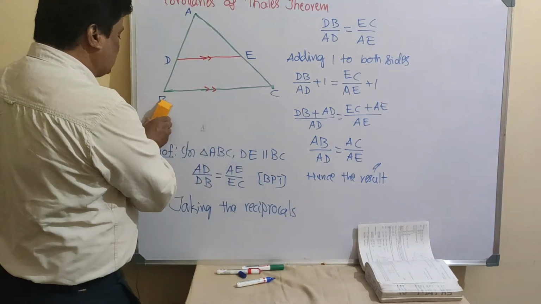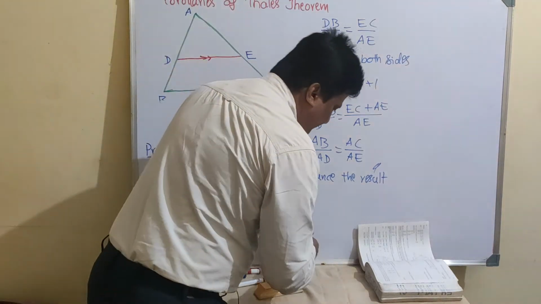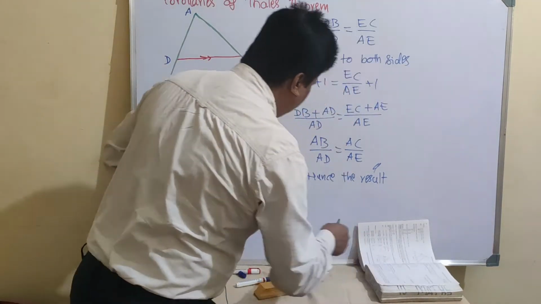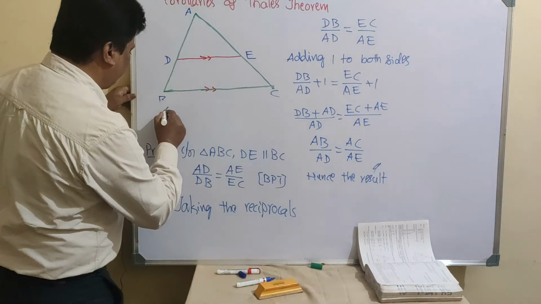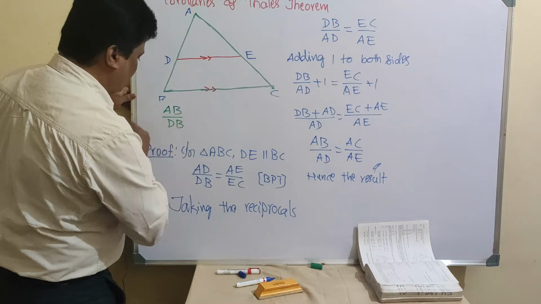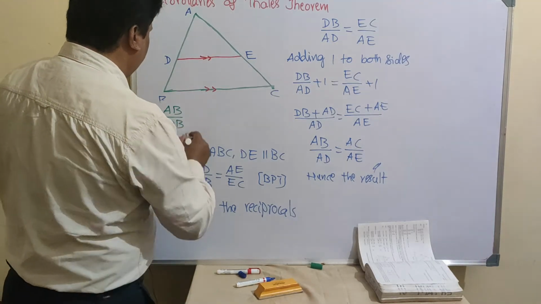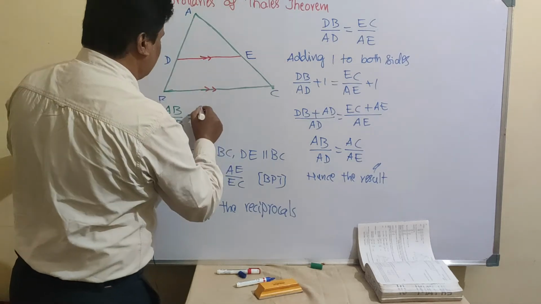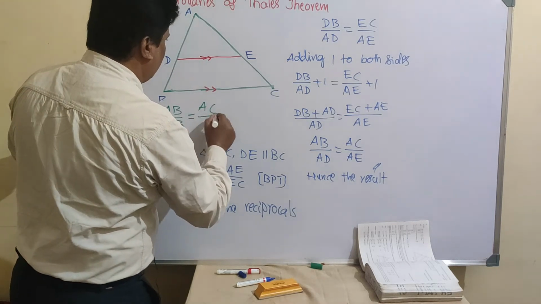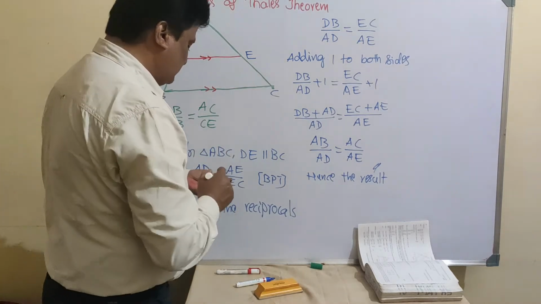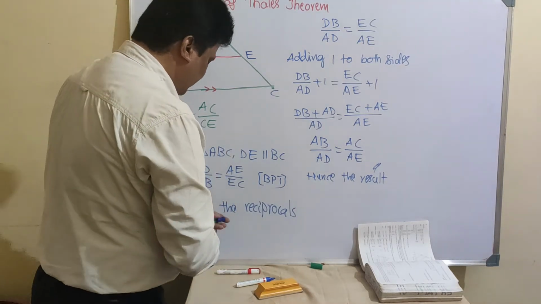Now let's move towards the second corollary, that is AB by DB is equal to AC by CE.